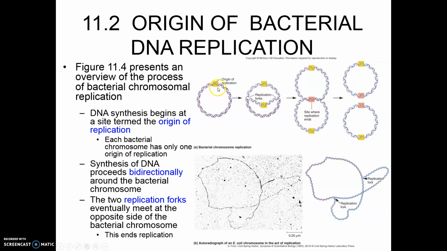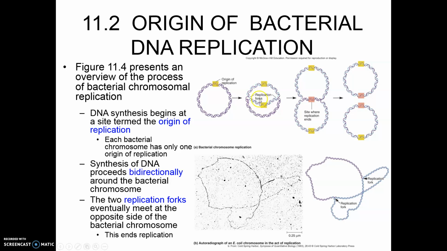So if replication is starting at this point, we will get DNA strand separation, and we'll start filling in the daughter strands. And this will happen in both directions from this origin of replication. So you'll have one round of replication moving in this direction and another moving in this opposite direction.